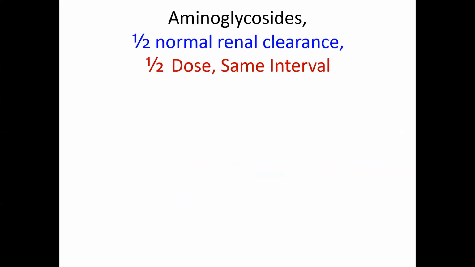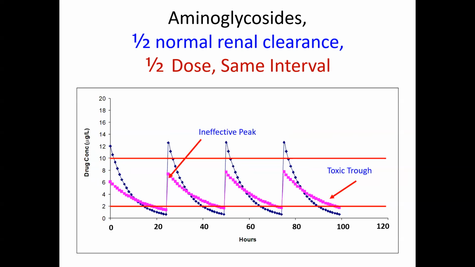Your strategy is half dose, just like we did in the previous situation. Are you happy? Both things are not working. There is no bactericidal peak and there is no non-toxic, safe trough.